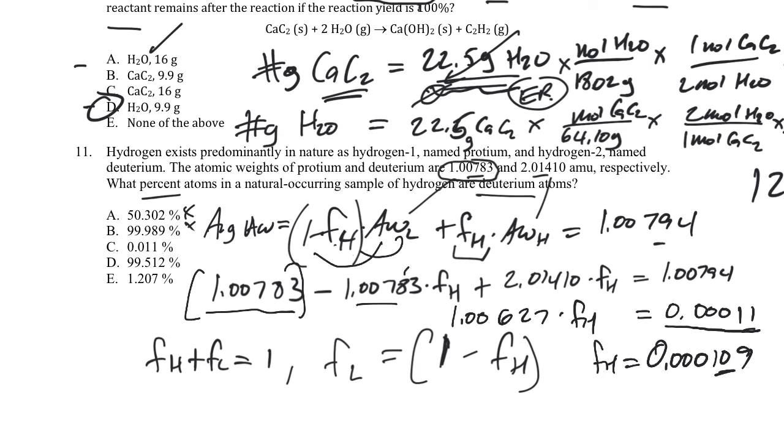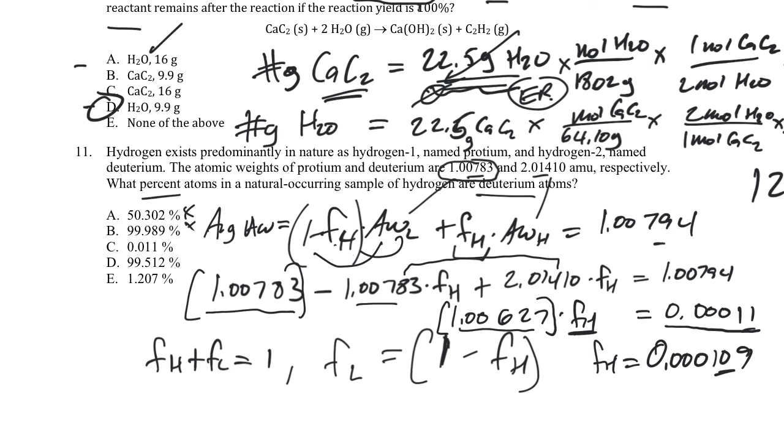And then I do the algebra here to combine negative 1.00783 plus 2.01410 times the fraction of the heavier to 1.00627 times the fraction of the heavier. And I divide both sides by that 1.00627 number, and then that gives me the fraction of the heavier is 0.000109. That's not one of the choices because the choices are percentages.